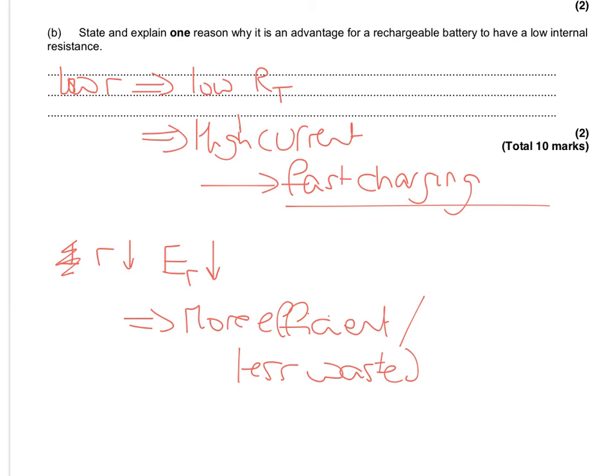And this is sort of trying to explain how that works. If you have a smaller resistance, there's going to be a lower amount of energy transferred as heat by that internal resistor, so then that's going to result in a more efficient charging setup.